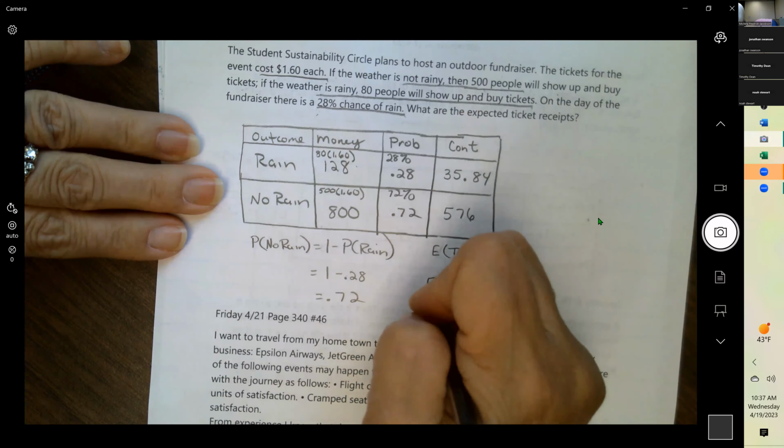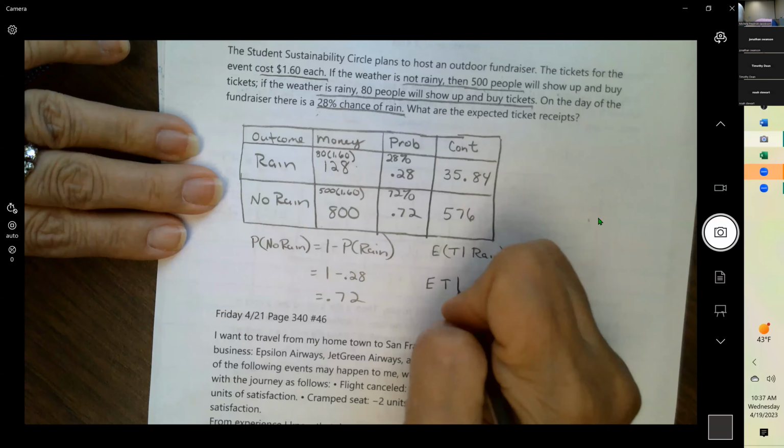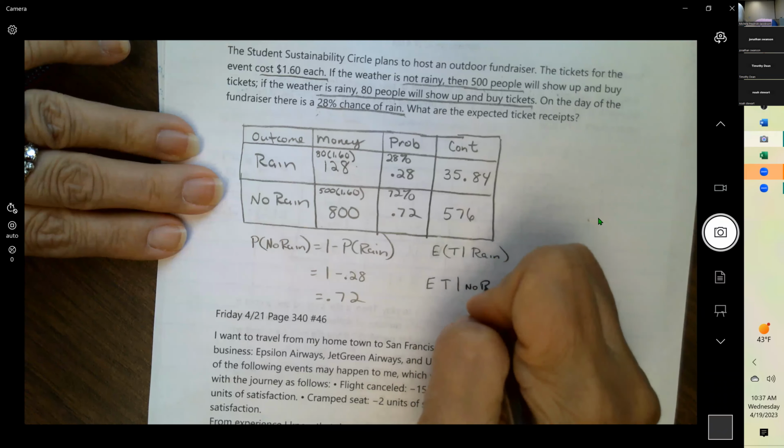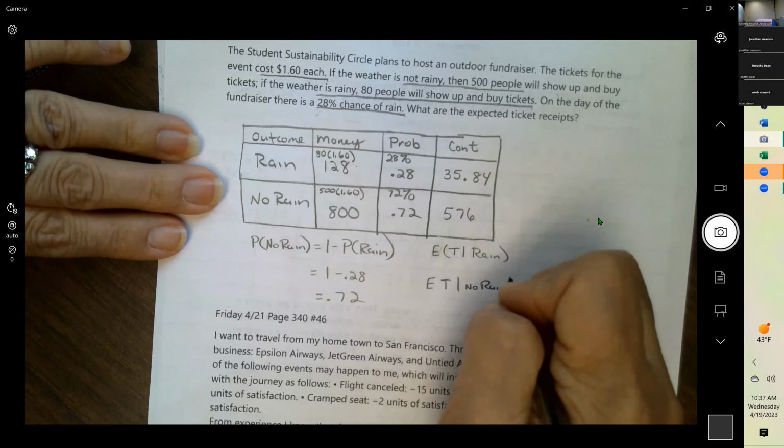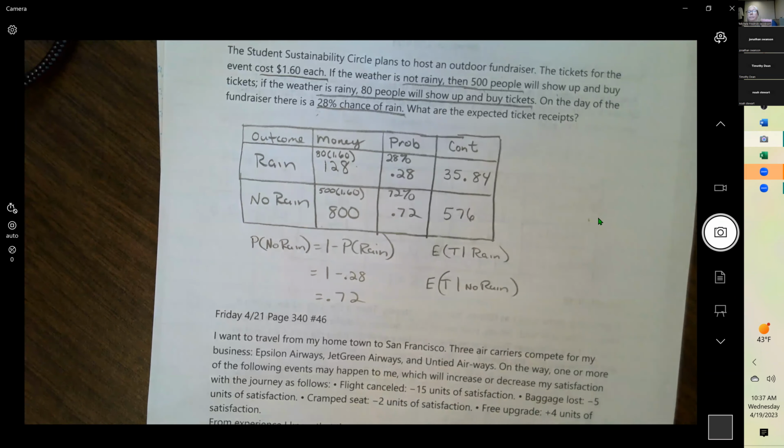And the expected value of the tickets given no rain. So they probably wouldn't put it together because we're not finding out over time. If we wanted to say they do this every year and they want to find out approximately how much they'd make per year, then you could add them together.